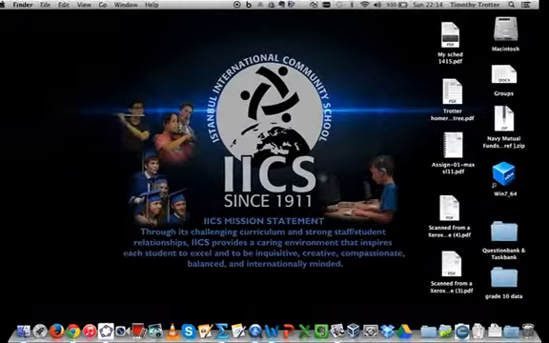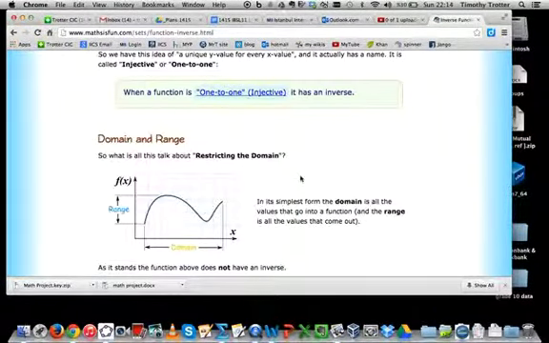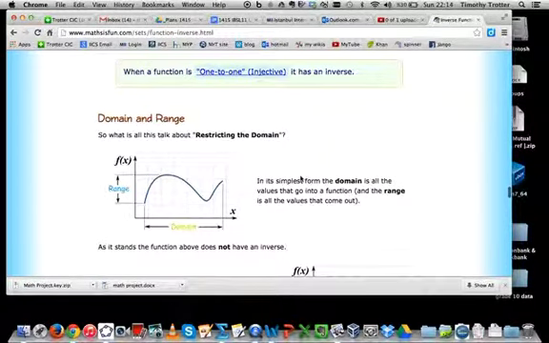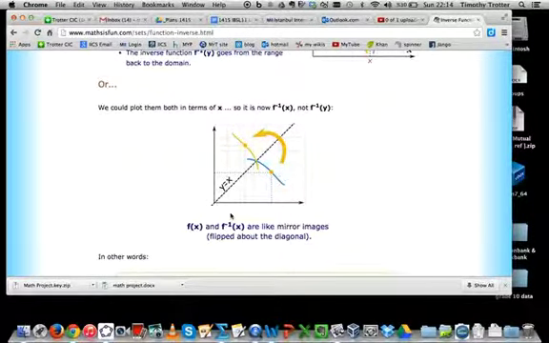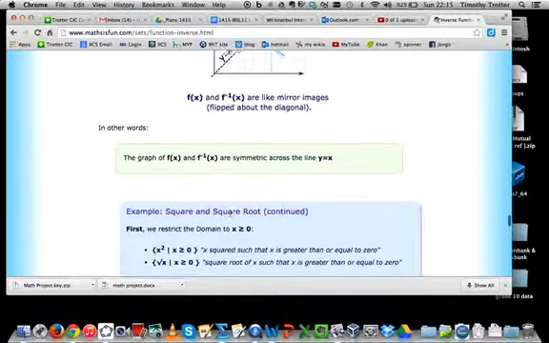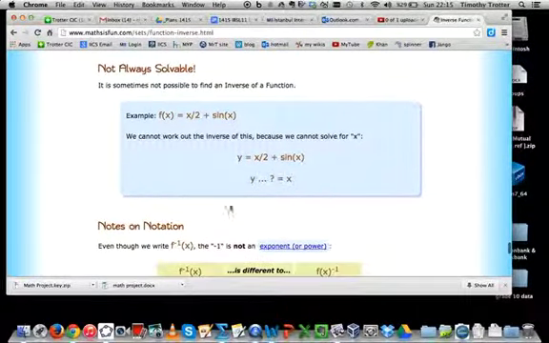Now, there is one other issue. Just because we can restrict the domain and create an inverse function doesn't mean that we're still always able to find an inverse function. We'll take a look at an example here where we have a function and we go ahead and switch the x's and the y's and try to solve.